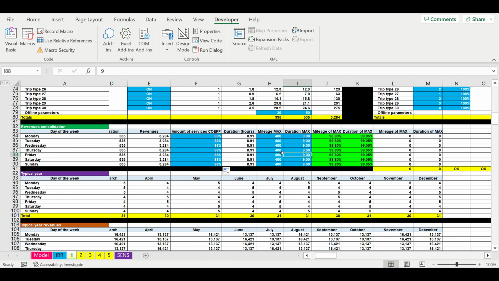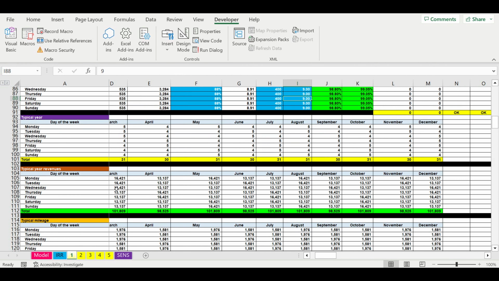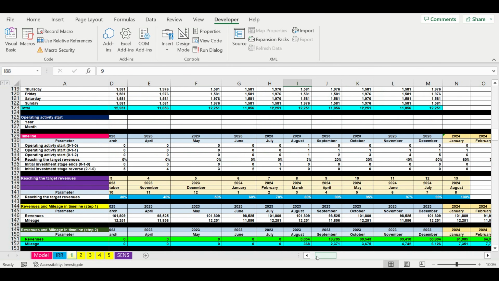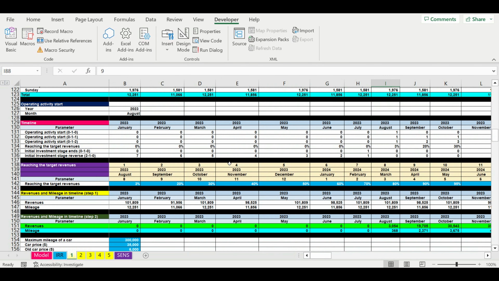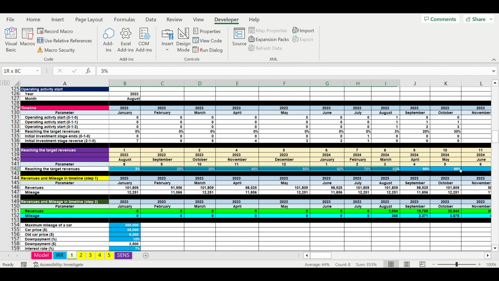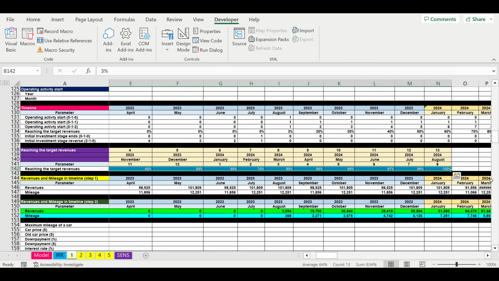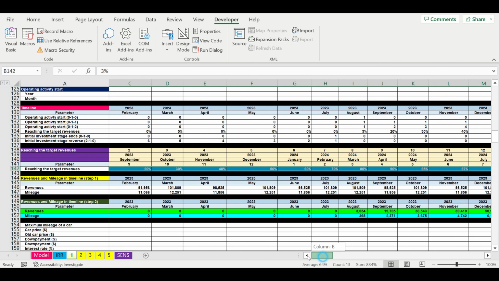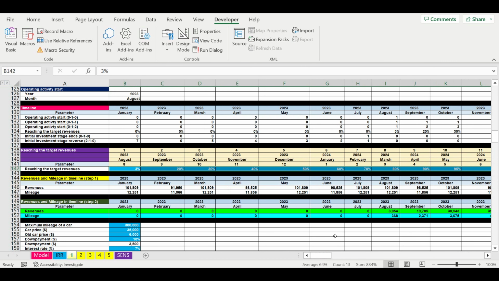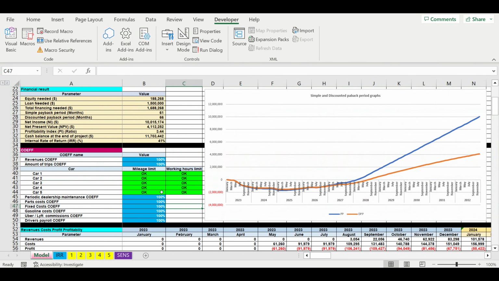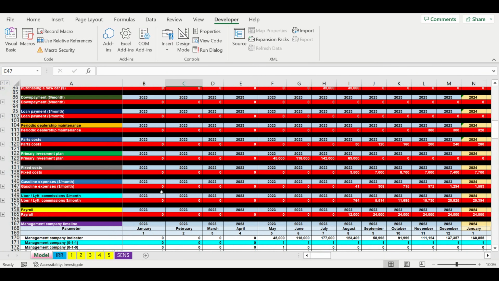So what is next? Then we can set up, for example, the speed of reaching the target revenues. This is very important because when we get online, it may take us a month or 2 months to get the target revenues, and during this period we may have some operating losses.